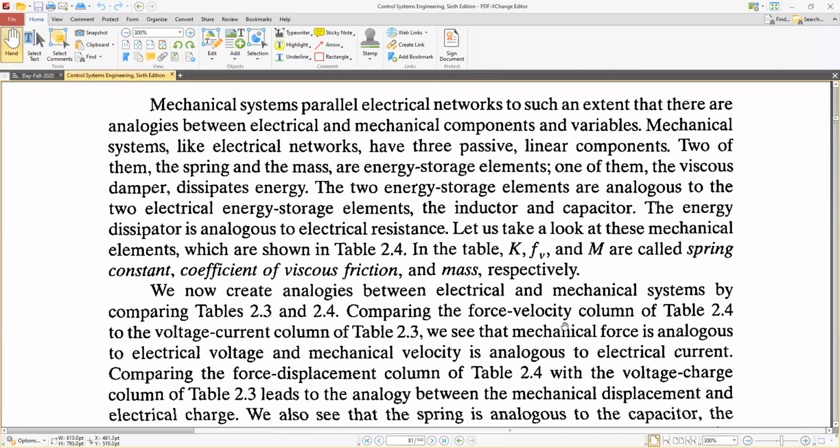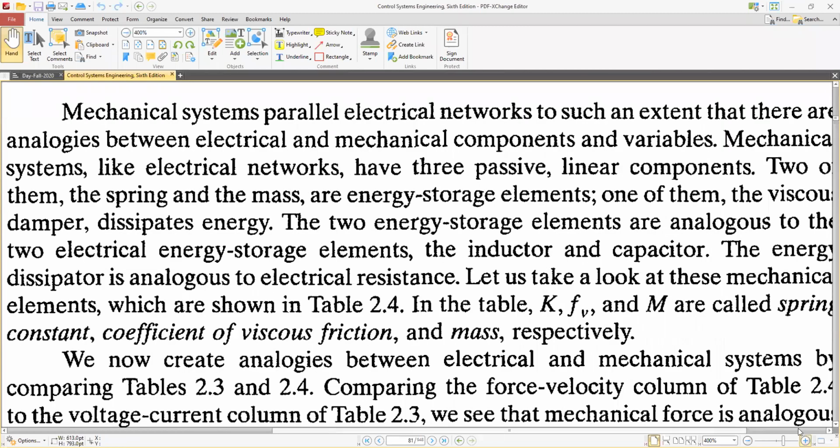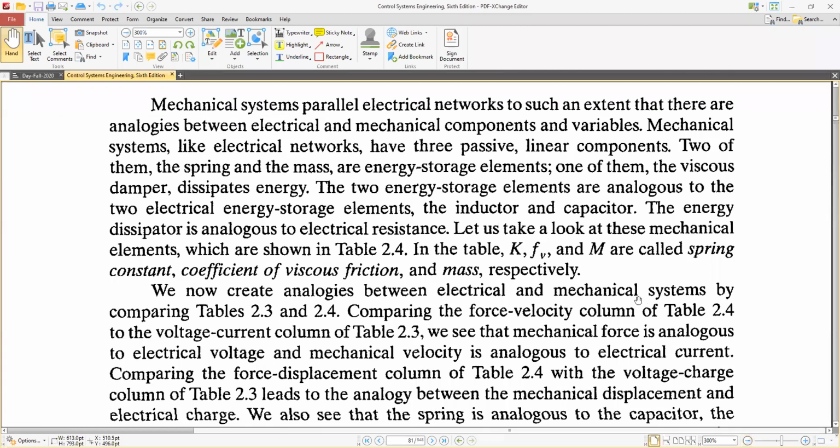Now some important things you have to understand here. Mechanical systems parallel electrical networks to such an extent that there are analogies between electrical and mechanical components and variables. Some things are similar. We can compare the electrical components with the mechanical components.